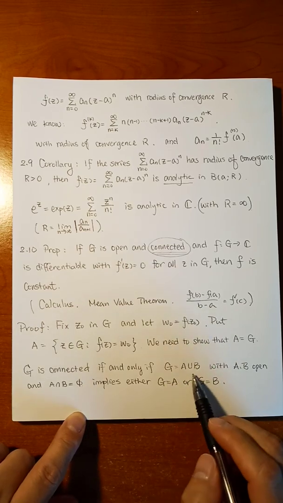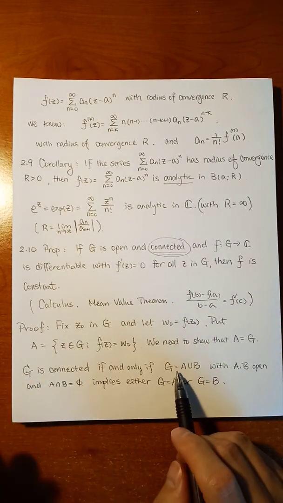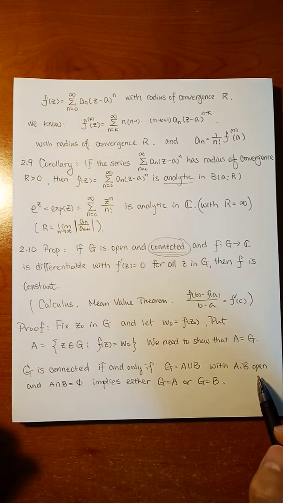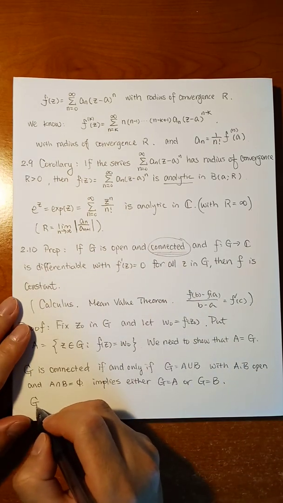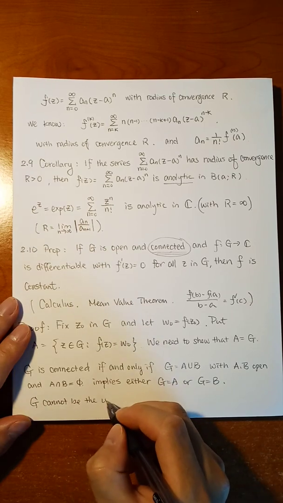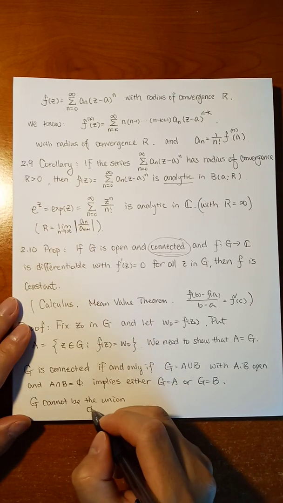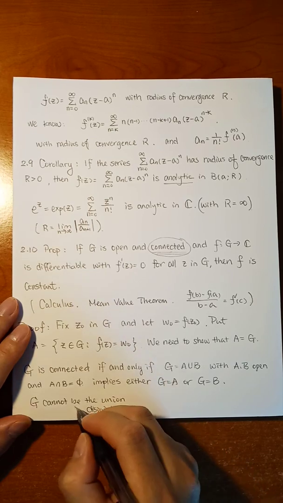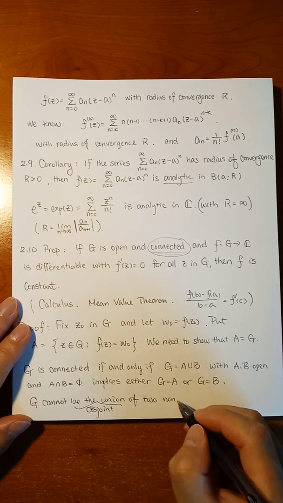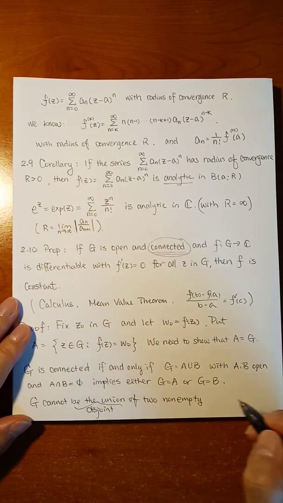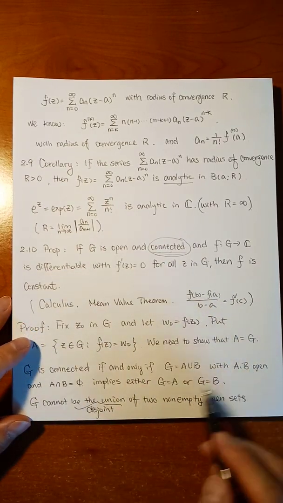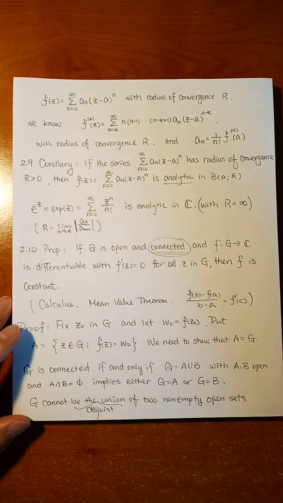In other words, G cannot be written as a disjoint union of two non-empty open sets. If it is written like this, then one of them must be the empty set.